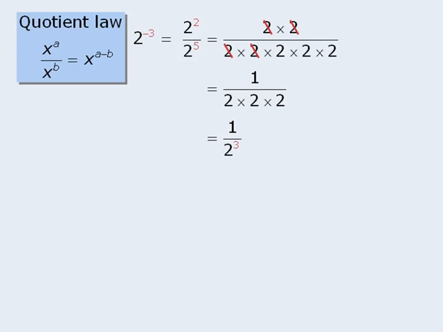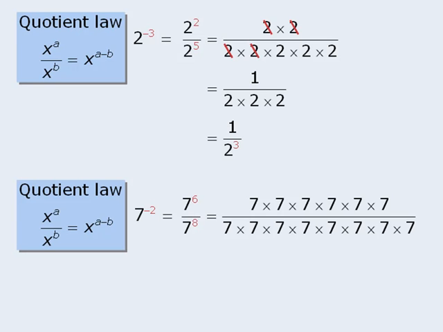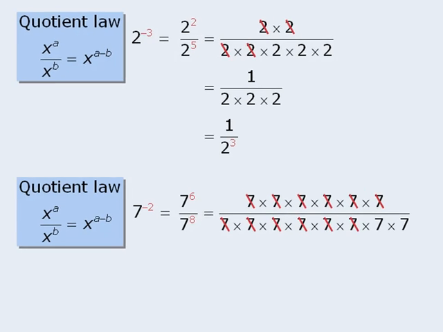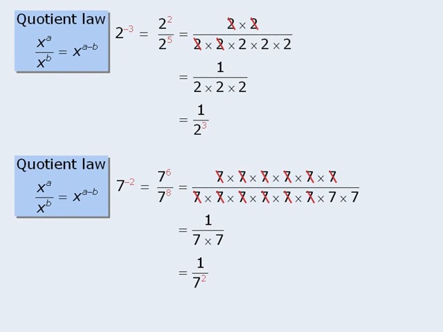Okay, now let's consider another example. Once again, we can apply the quotient law here to get 7 to the power of negative 2. Alternatively, we can first write 7 to the power of 6 like this, and 7 to the power of 8 like this. At this point, we can eliminate several 7's to get 1 over 7 times 7, which is the same as 1 over 7 to the power of 2.